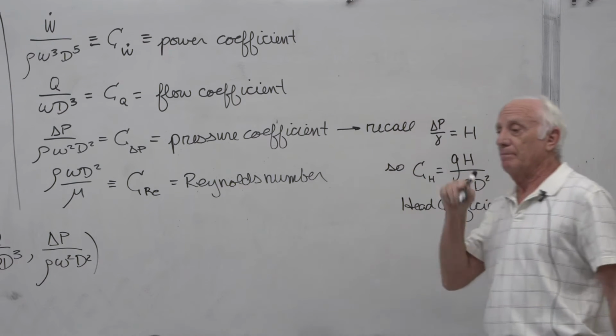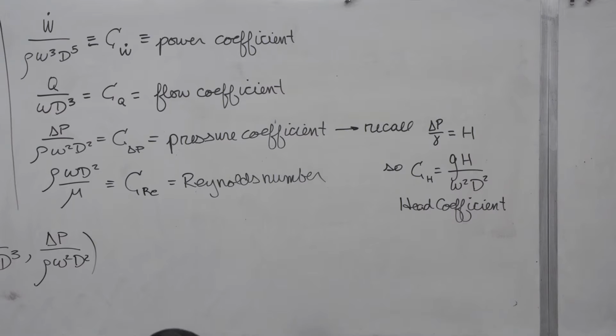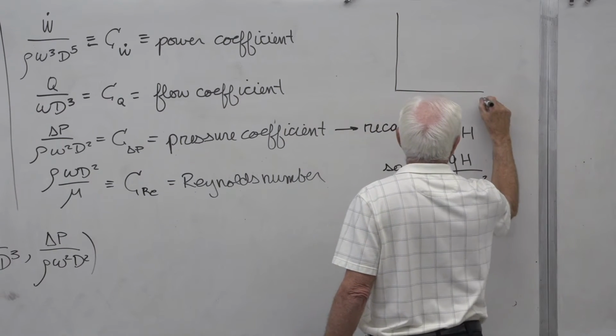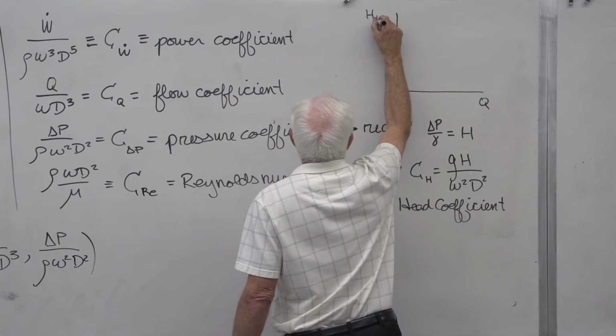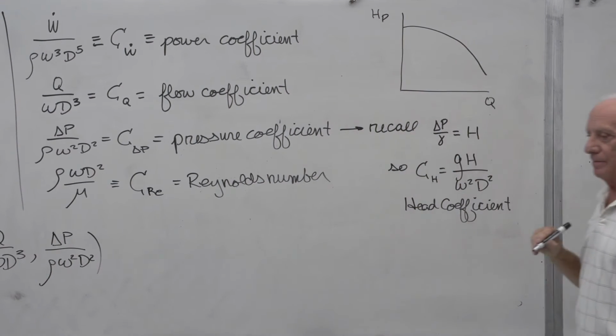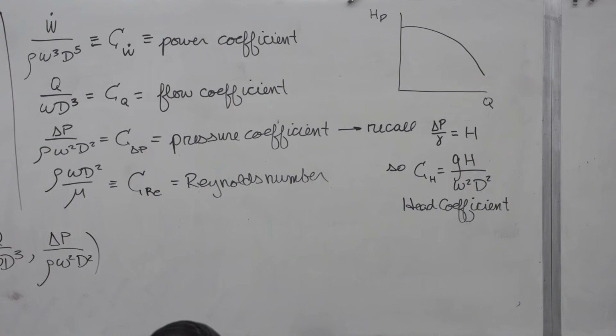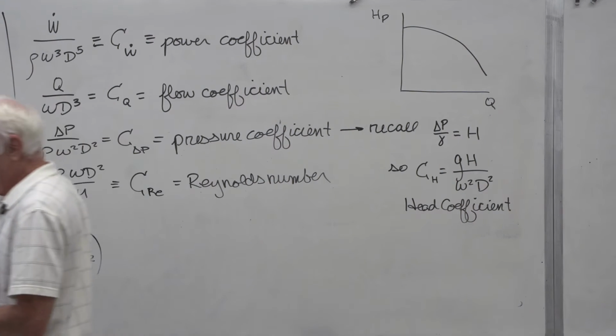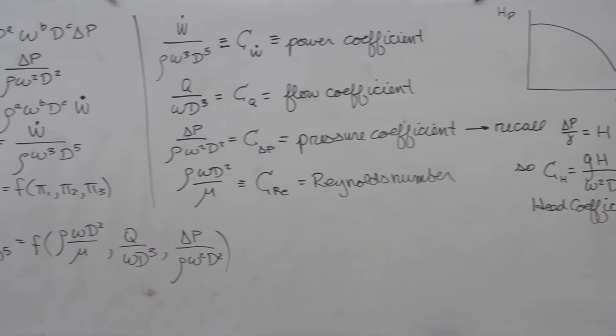That's the pump head. And you know what the pump head is, here's Q. Here's a pump head. So there's the pump head graph. Centrifugal pump. Okay, so we have those important dimensionless parameters.